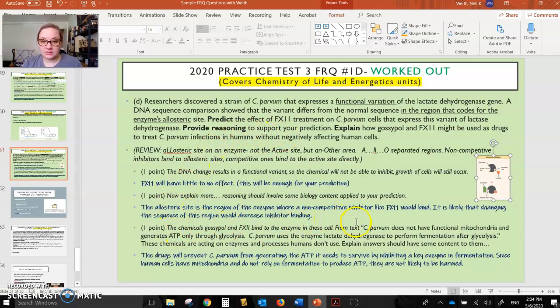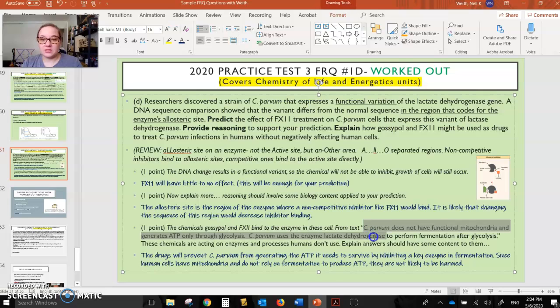So from the text, these cells don't have functional mitochondria. This whole lactate dehydrogenase enzyme is their way to go from glycolysis to fermentation and back again. That's not how our bodies work as humans. This is another foreign organism inside of us doing this that doesn't have mitochondria.